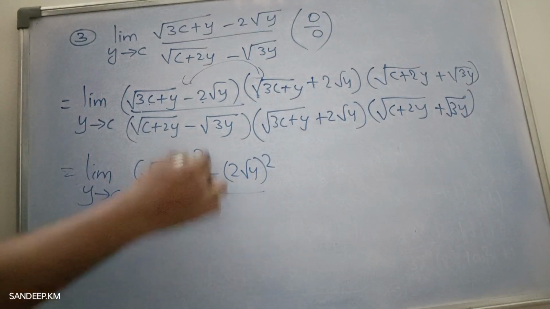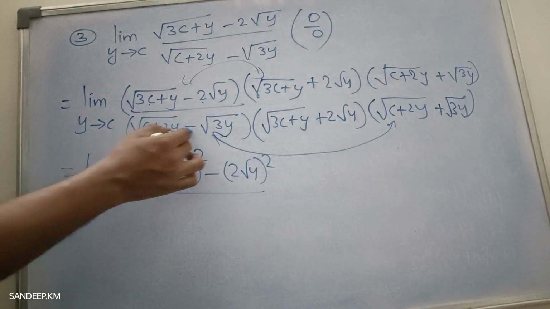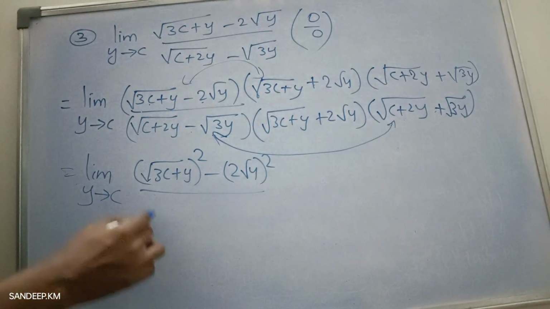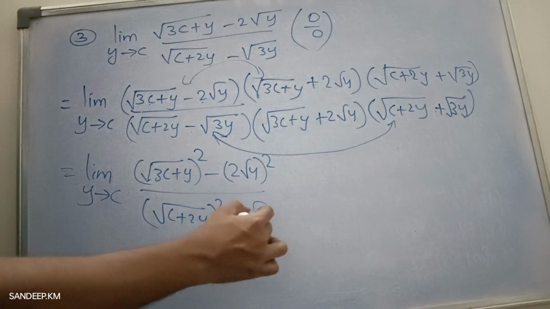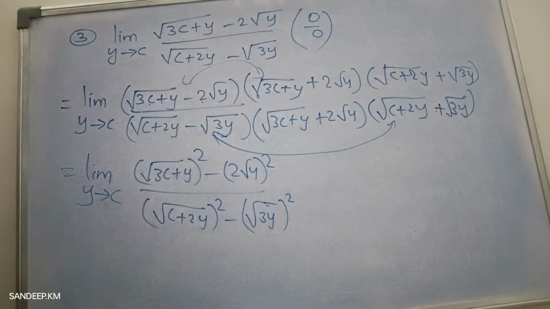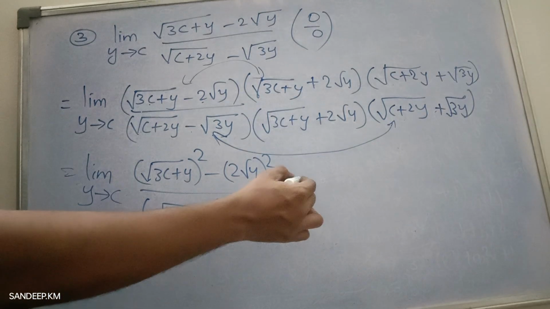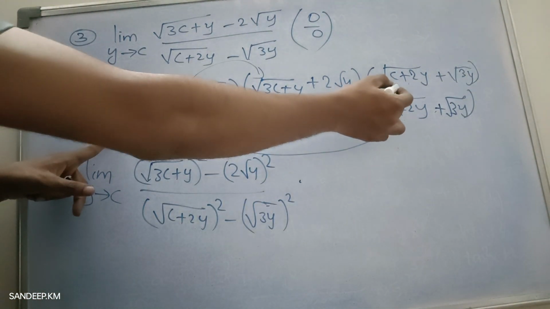Similarly, in the denominator, you can multiply these two. If you multiply these two using a minus b into a plus b, what will you get? A square minus b square. And dear students, this is left out in the numerator. Apply y approaches c here. See what happens. Apply y approaches c here separately.